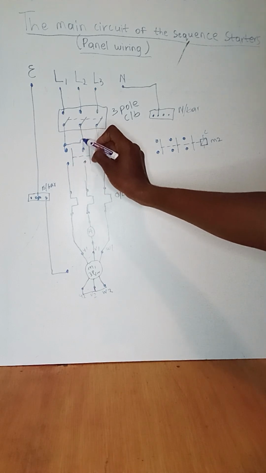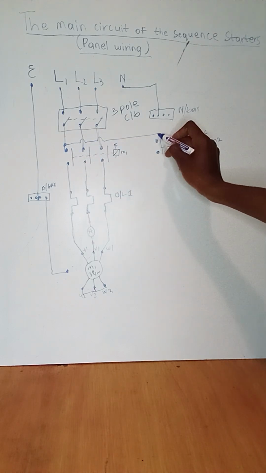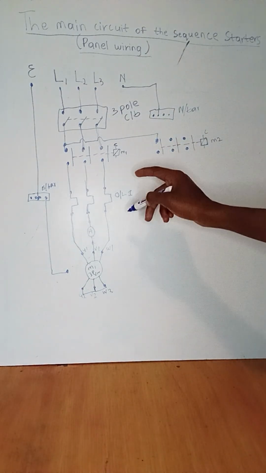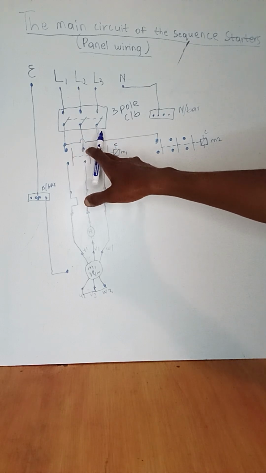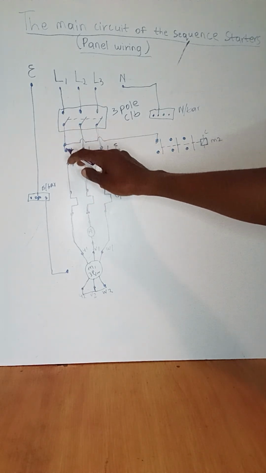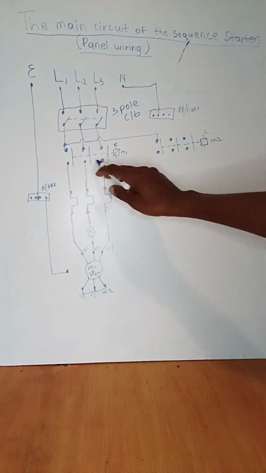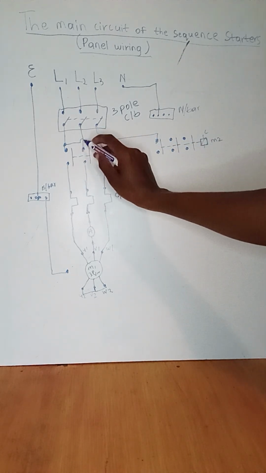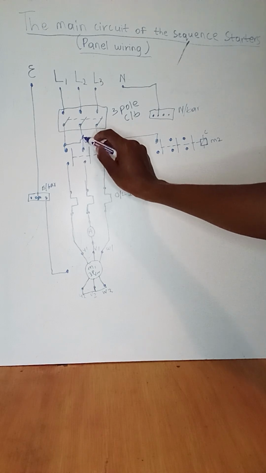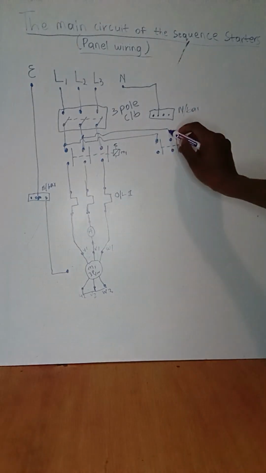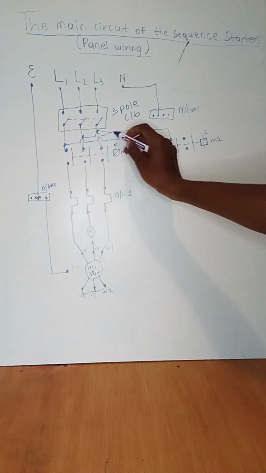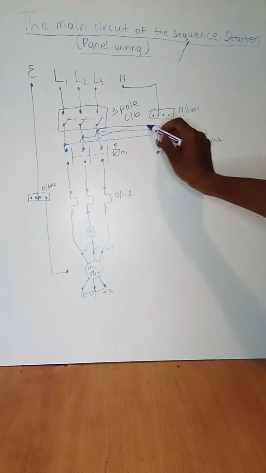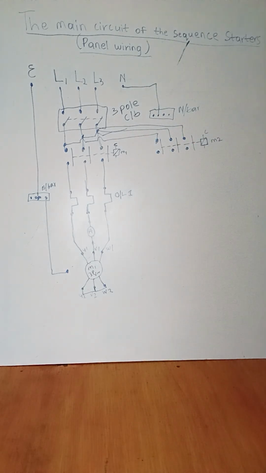So my life 1 goes to the first point. You connect your supply the same as motor 1. So life 1 is life 1, life 2 is life 2, life 3 is life 3, just like that.